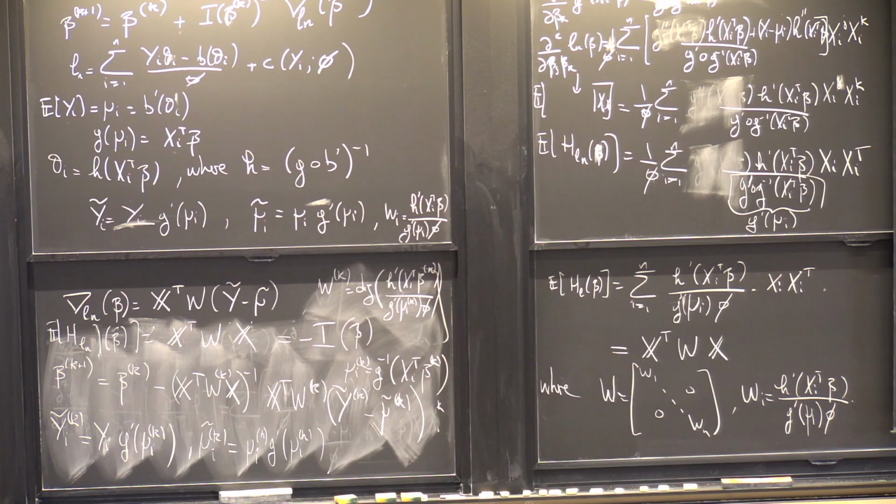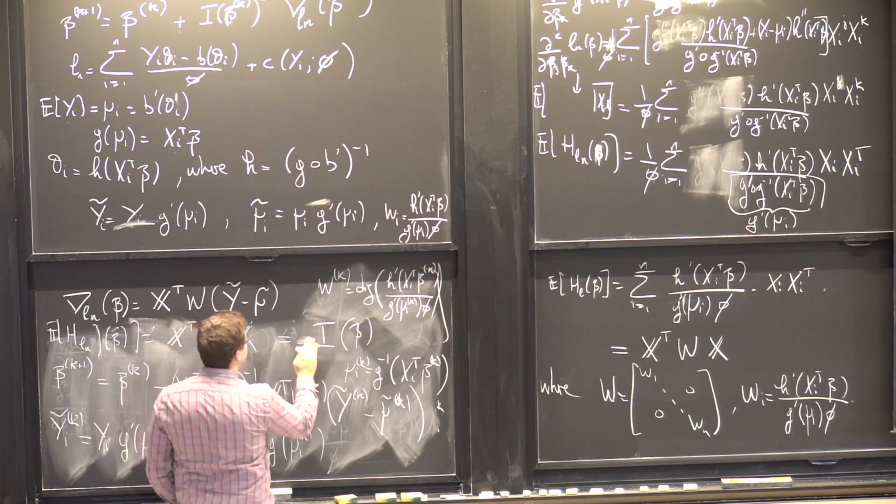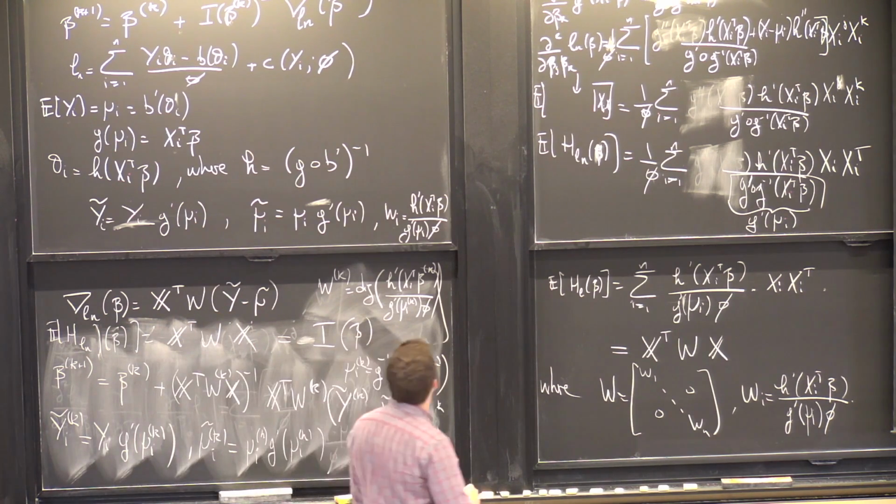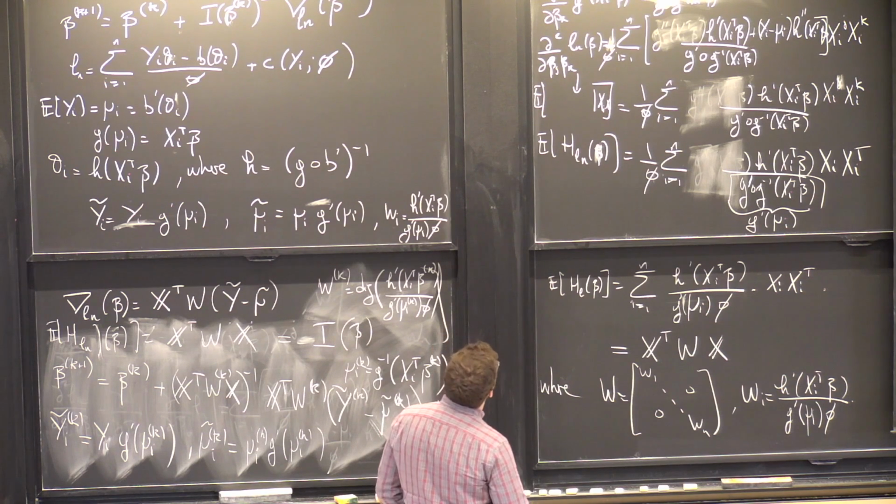Yes? Yeah, that's a good point. So that's definitely a plus because this is a positive semi-definite matrix. So this is a plus. And that's probably where I erased it.